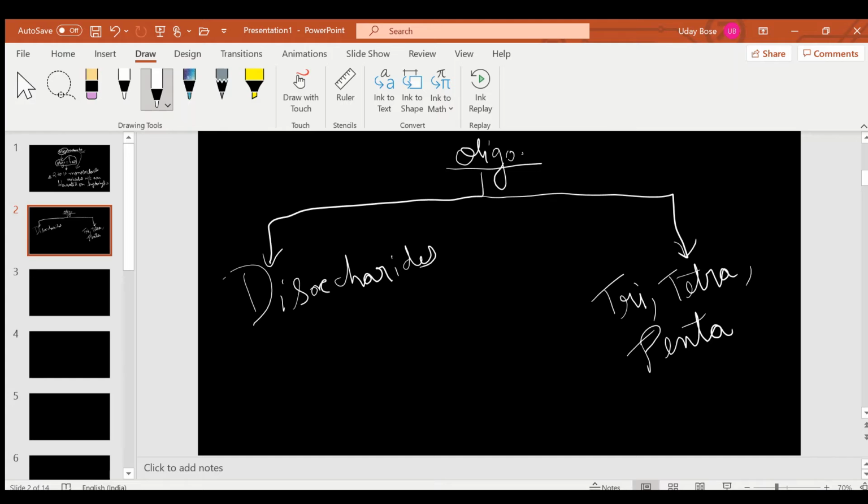This classification is based on the number of monosaccharide units.